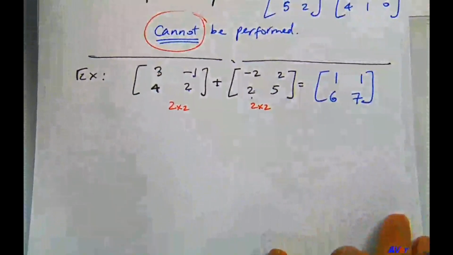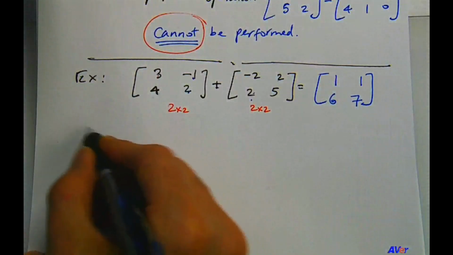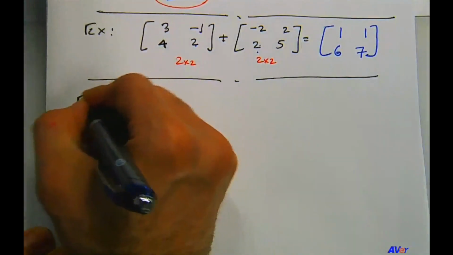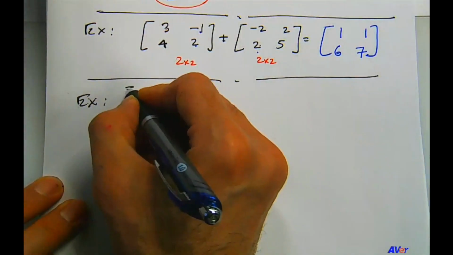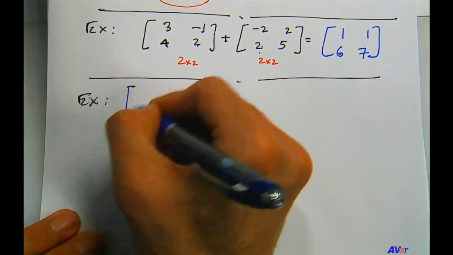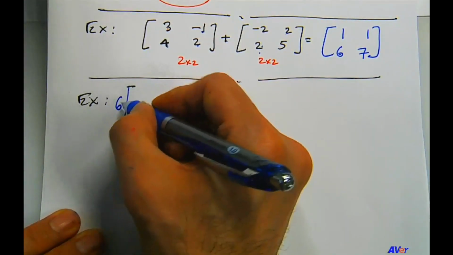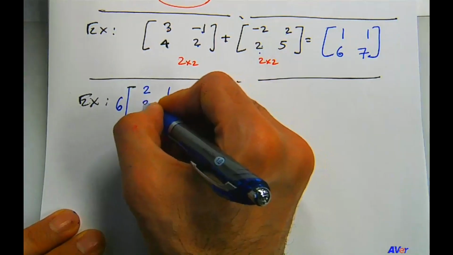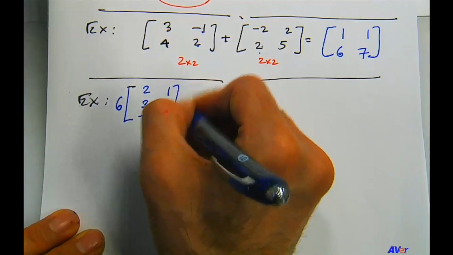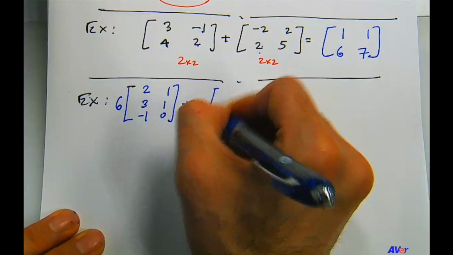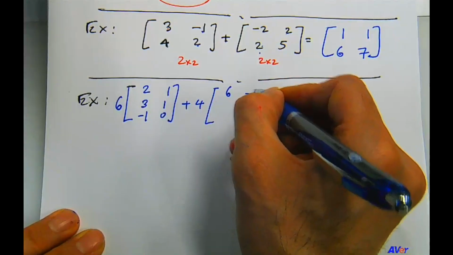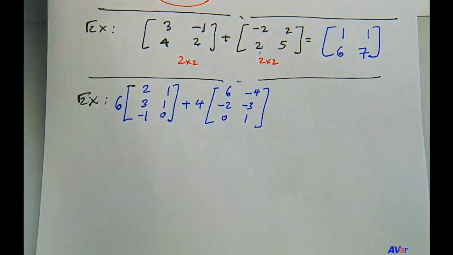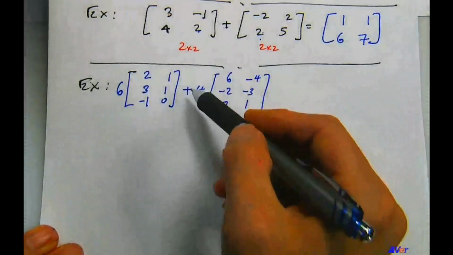Let's do another example. It's going to be a little bit different than this. We want to perform this operation, 6 times this matrix, like that. So here we're multiplying the matrix by a single number.